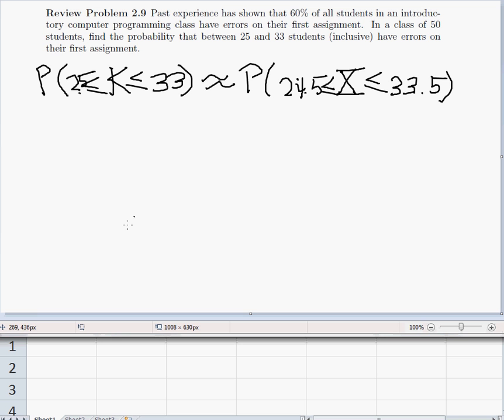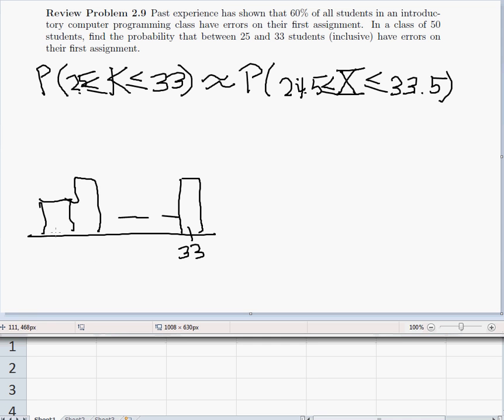If I imagine a quick picture down here, there's a rectangle at 25, a rectangle at 26, and so on, leading to a rectangle at 33. The probability would be found by adding up the areas of these rectangles. I'm counting all of these rectangles, including all the ones in the middle that haven't been drawn.